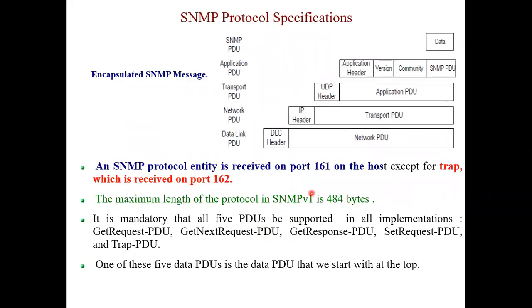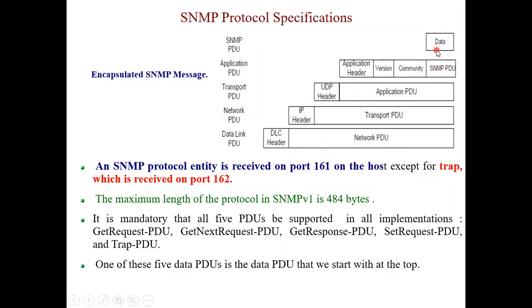One last point which I want to highlight: the length of the SNMP version, as I have mentioned earlier, is 484 bytes or 484 octets. An SNMP protocol entity is received on port 161 on the host, except for trap, which is received on port 162. I am sending the message to my system.